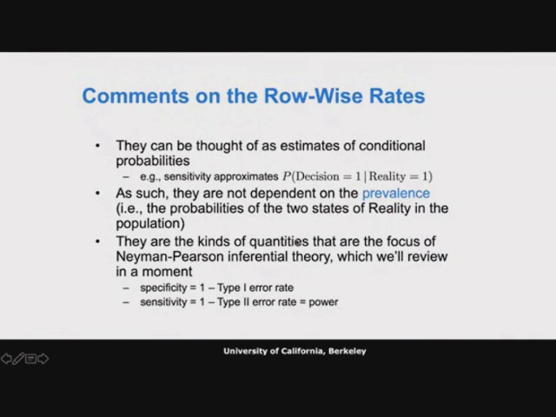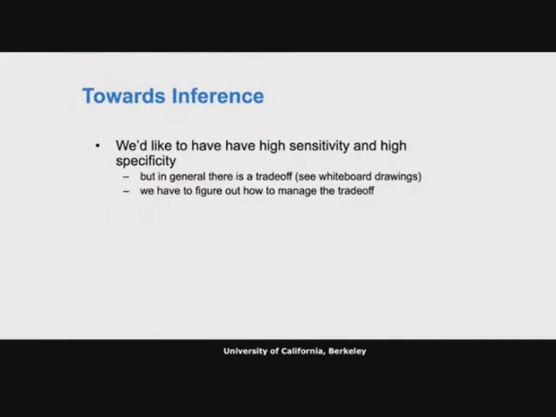Indeed, in those classical definitions, type 1 and type 2 error are 1 minus specificity and 1 minus sensitivity. But I would just encourage you to ignore that. Pick whatever word you prefer, but maybe specificity and sensitivity at least have some semantics. All right, so we'd like to have both of them being high.